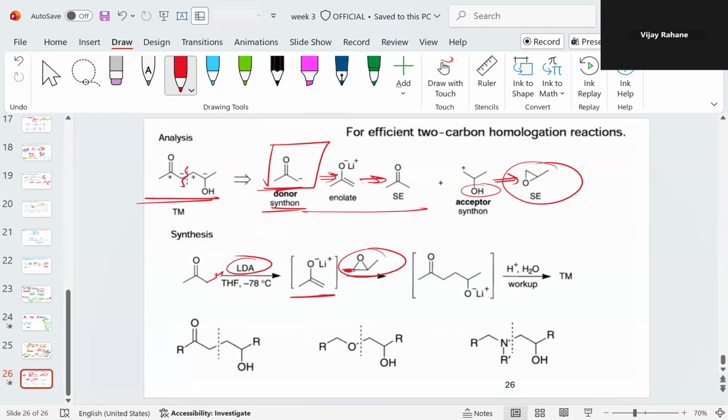So it selectively does the nucleophilic addition on this terminal center, and we get this epoxide-opened O negative anion, and upon workup we get our target molecule. So this is how we can achieve the synthesis of this target molecule.